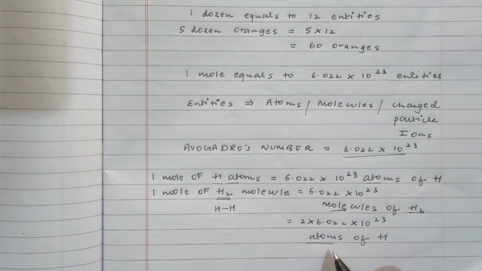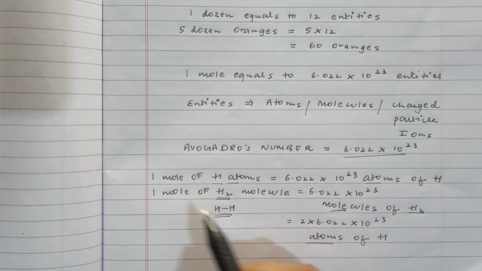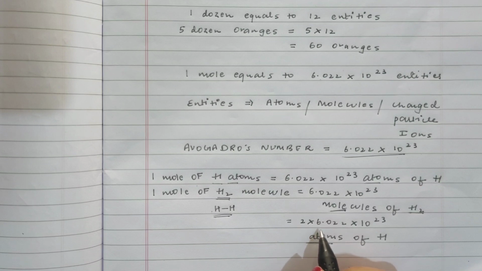For that I need to understand that an H2 molecule is made up of two atoms of hydrogen. So the number of hydrogen atoms in 1 mole of H2 will simply be 2 multiplied by Avogadro's number, that is 2 into 6.022 into 10 to the power 23 atoms of hydrogen.